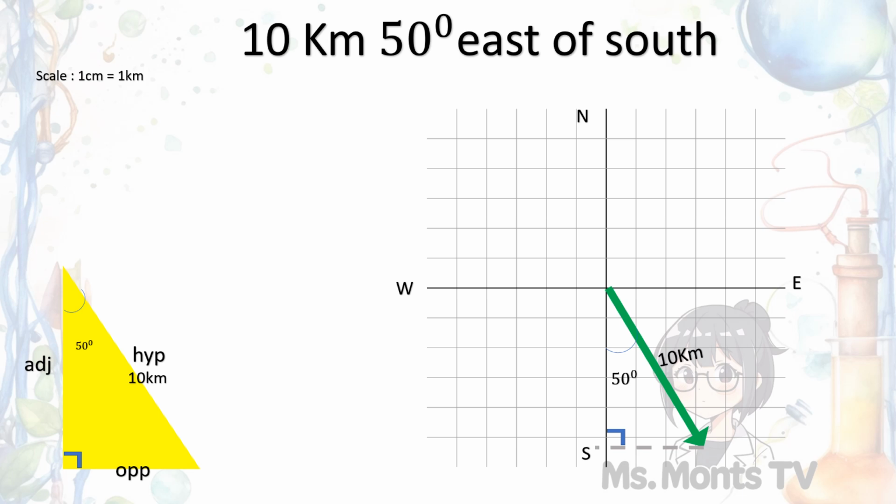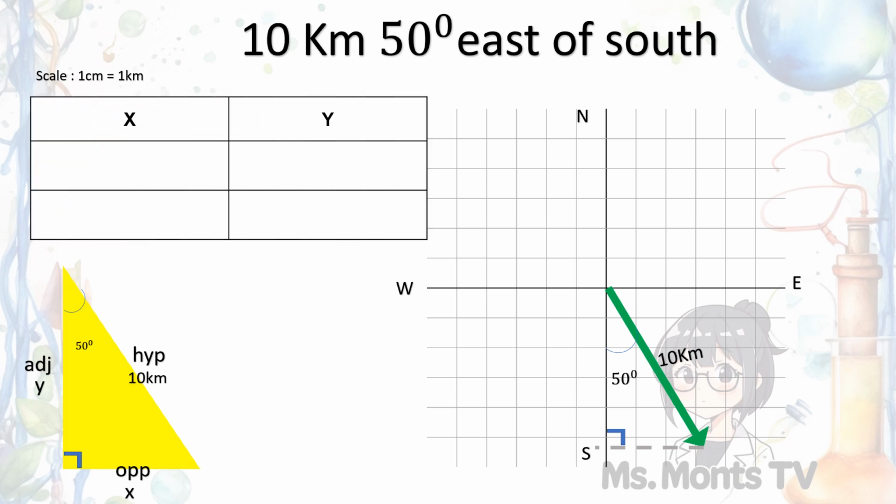Adjacent means that if this is the angle, the one beside it is the adjacent. And the longest side is the hypotenuse. So the adjacent now is the y-axis because it's the vertical line, and the opposite is the x-axis.